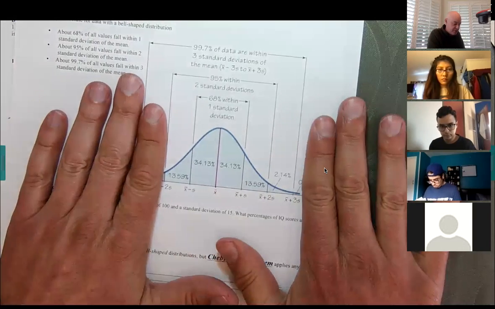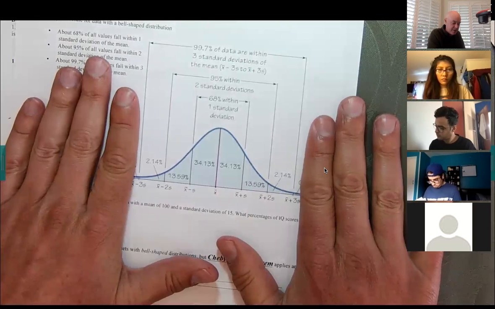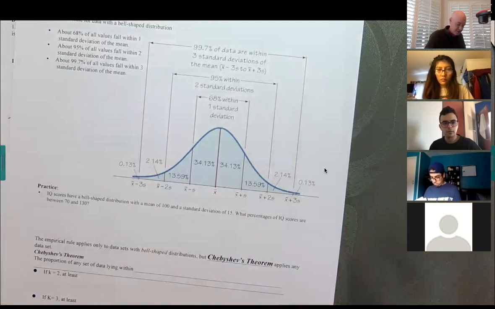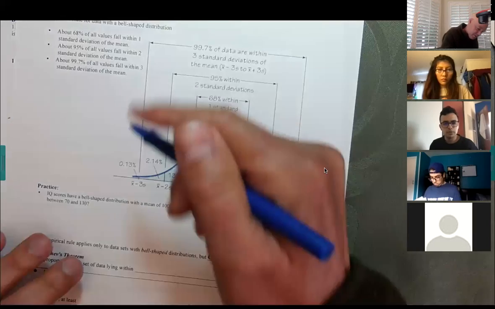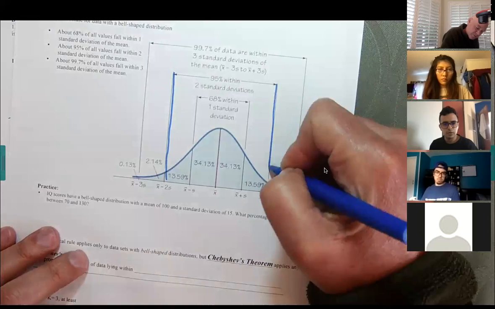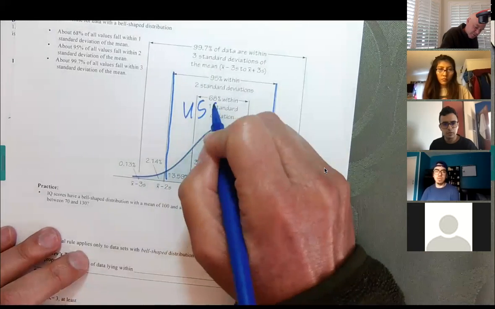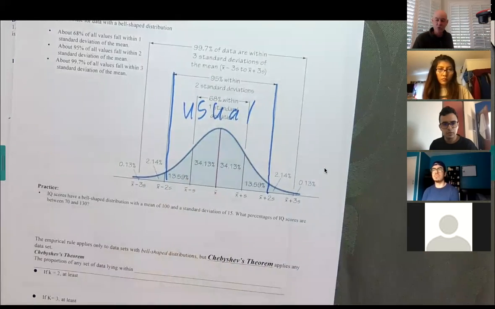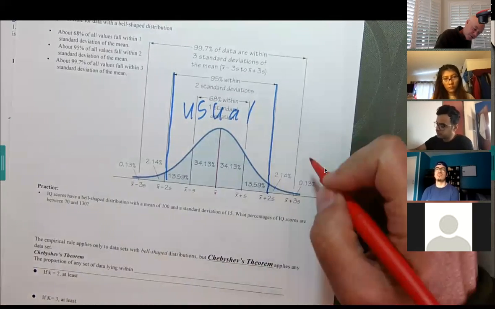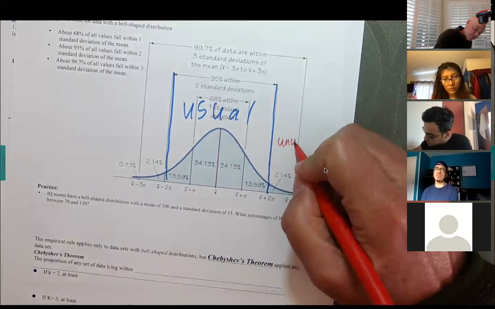And if we go 3 standard deviations away from the mean, we're at 99.7%. Within 2 standard deviations is usual, versus more than 2 standard deviations is going to be unusual.